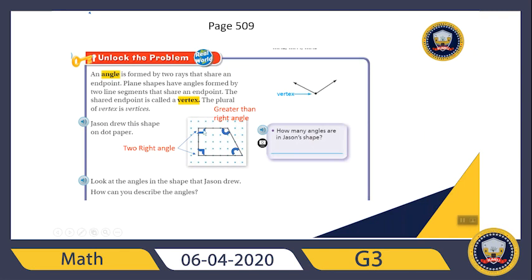These two right angles have a 90-degree angle and we call it right. Look at this side and this side, they are right angles.